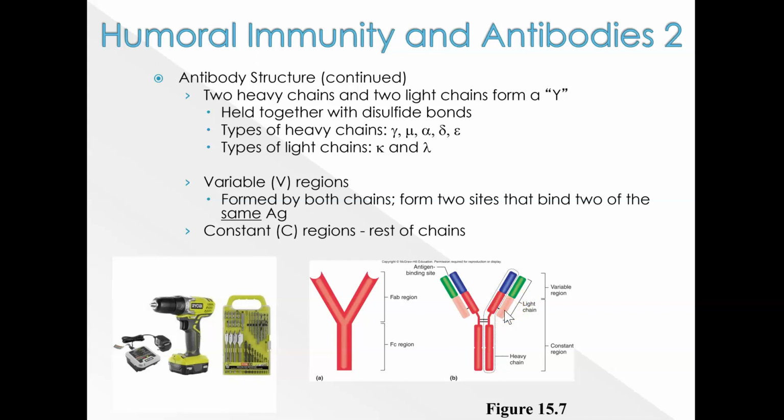And it's also made of 4 different chains. So 4 different proteins come together to form this antibody. You can see the 2 heavy chains are in the middle, and then we have 2 light chains on the outside.